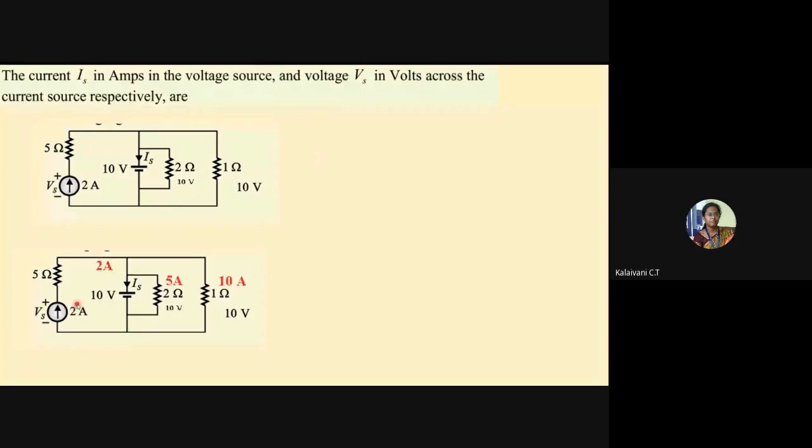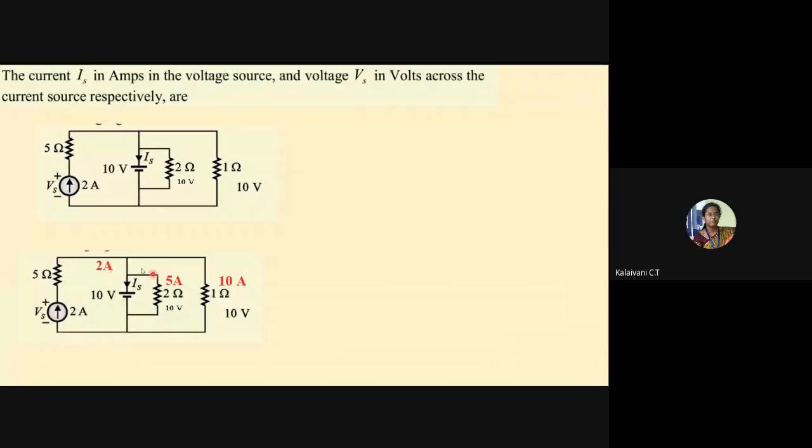If you know the resistance and voltage, we can find the current, that will be 10 amps. Here again we know the resistance and voltage, we can find the current as 5 amps. Now the question already says this is 2 amps. So current flowing through this circuit will be, and here it is 10 amps.